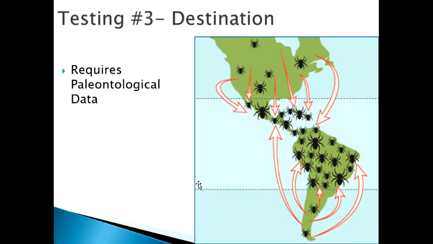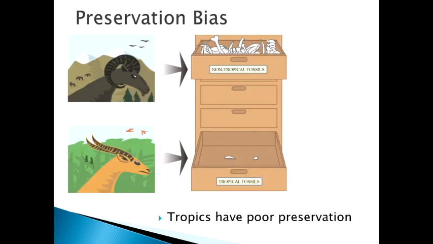Testing the third hypothesis, whether the tropics are a destination, again, of course, requires paleontological data, but we run into the issue of a preservational bias. The tropics have typically poor preservation.